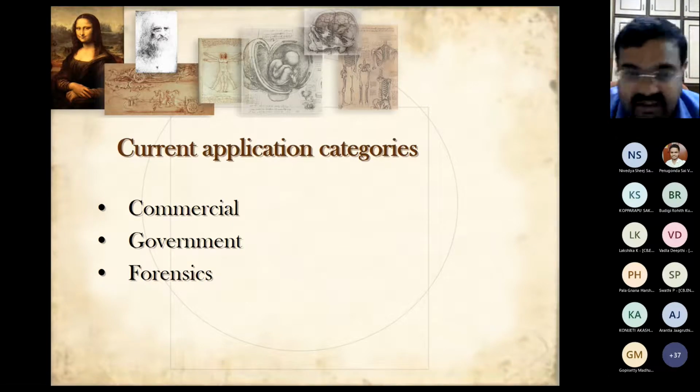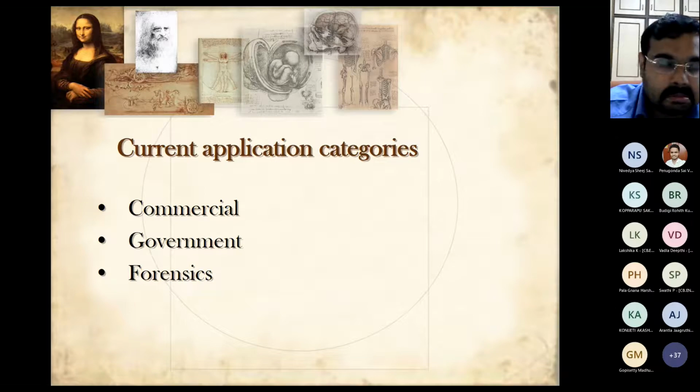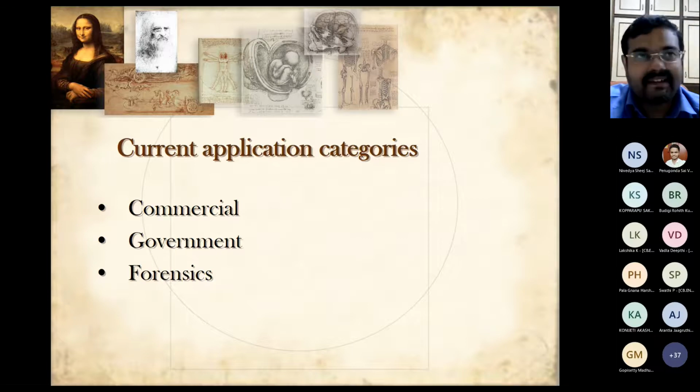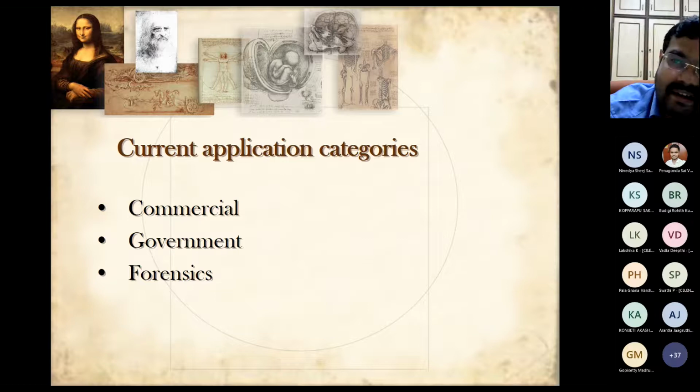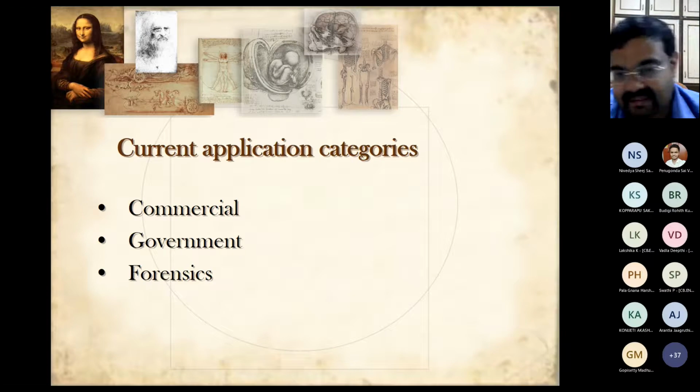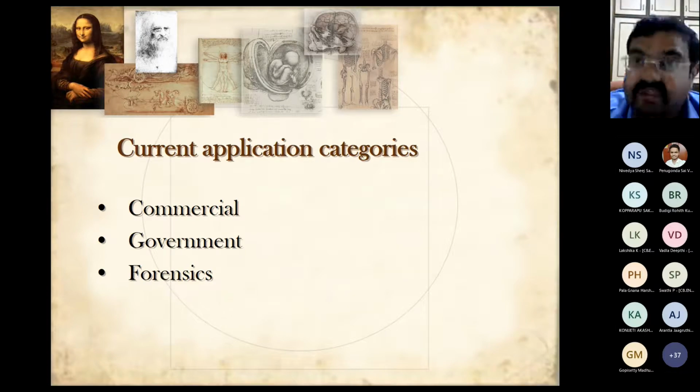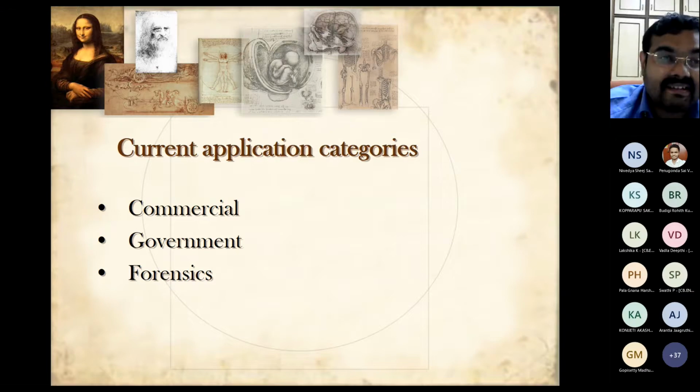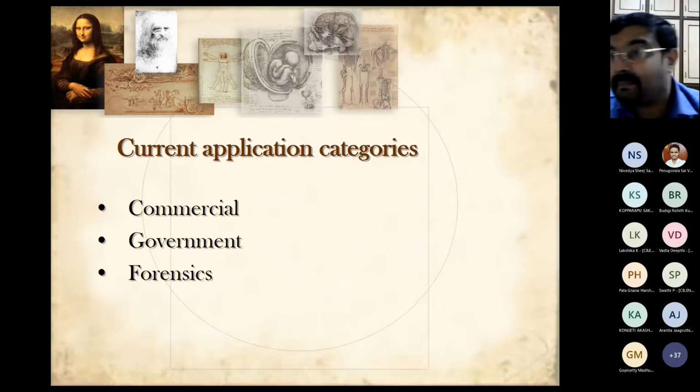You see commercial establishments, government establishments. The Aadhaar card is based on two biometrics, fingerprint and the iris. Aadhaar is now a passport to get so many things. Commercial establishments, offices, government, forensics, that is, law enforcement, police, then airports, biometric passports are there.